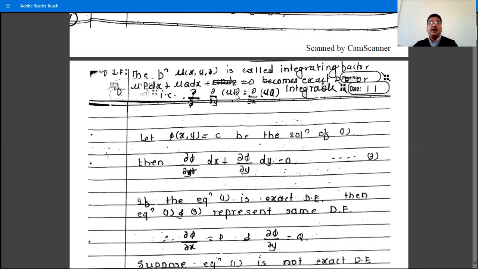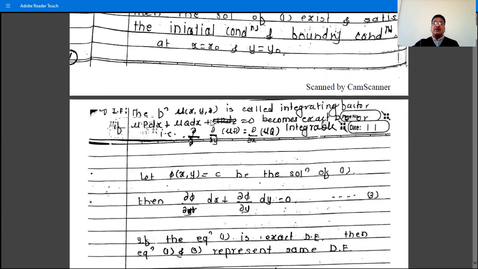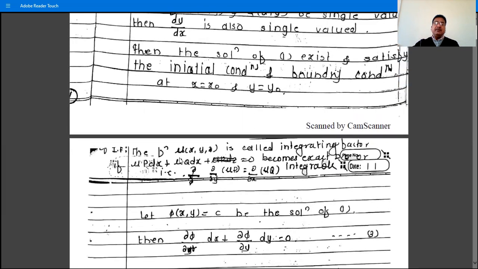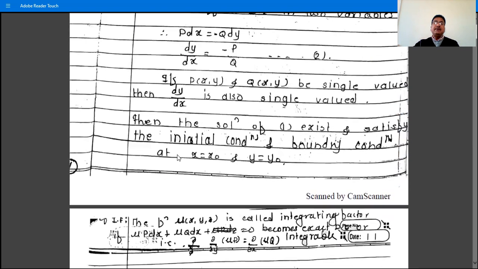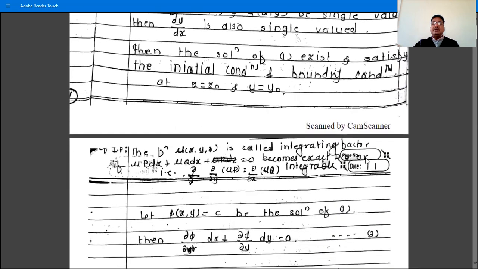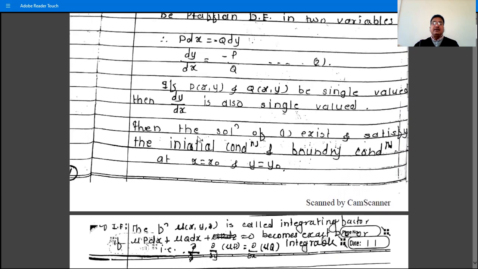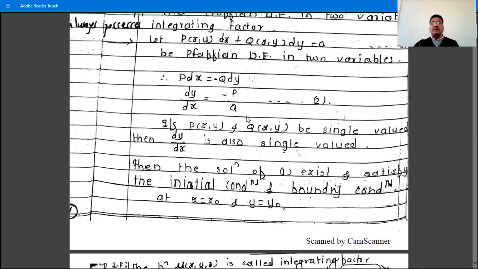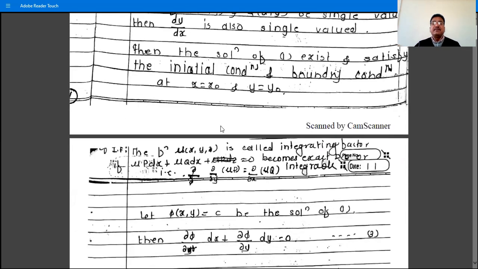That is, del by del y of (mu P) and del by del x of (mu Q) are the same, then the equation is exact or integrable. So when we multiply by mu and the equation becomes exact, we say mu is an integrating factor. If P and Q are single valued functions, then we have the solution by separating the variables.